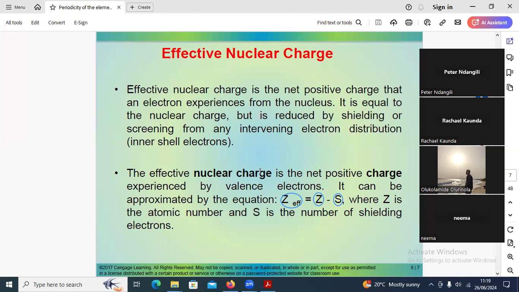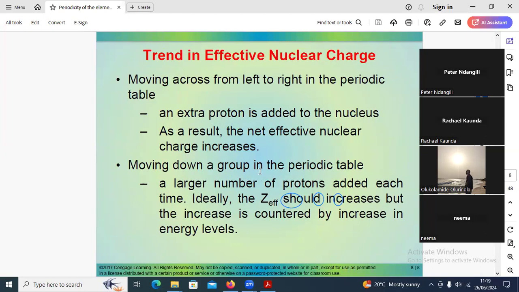Okay, now trends in the effective nuclear charge. When we move across, that is from the left to the right of a periodic table, when you move across a period, you find that an extra proton is added to the nucleus.